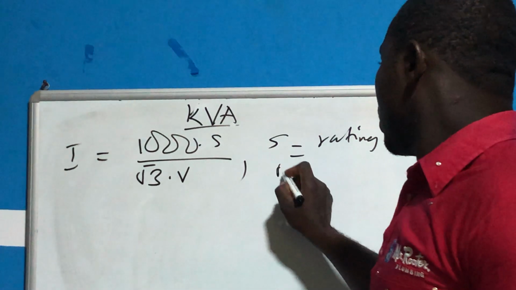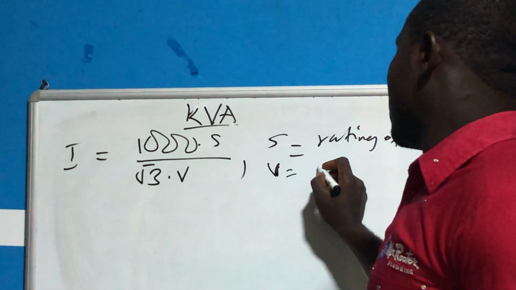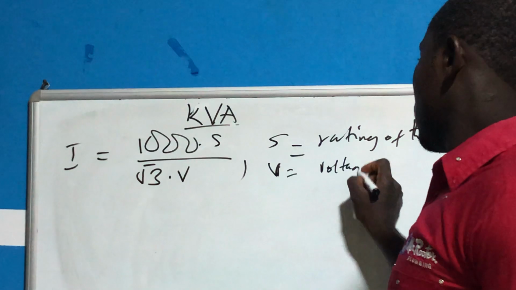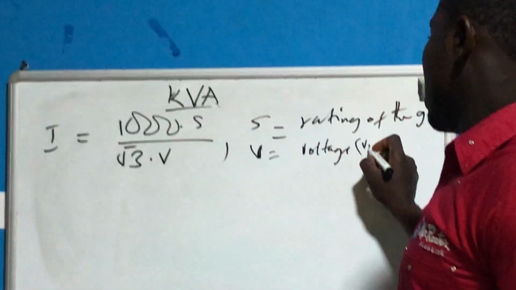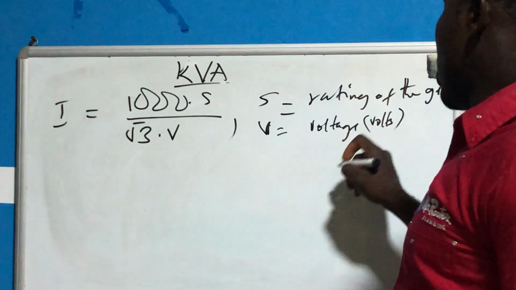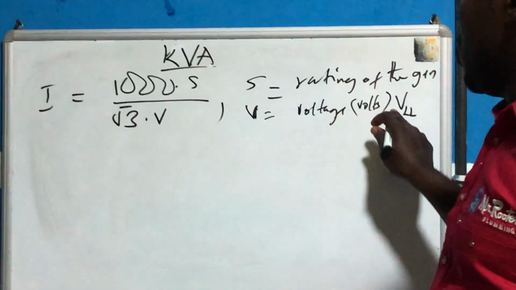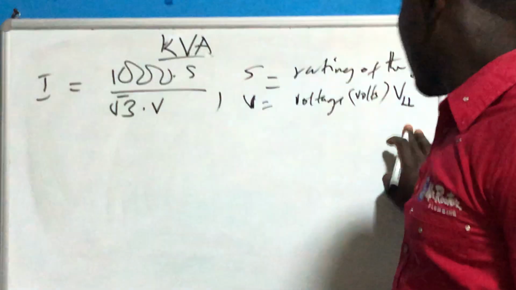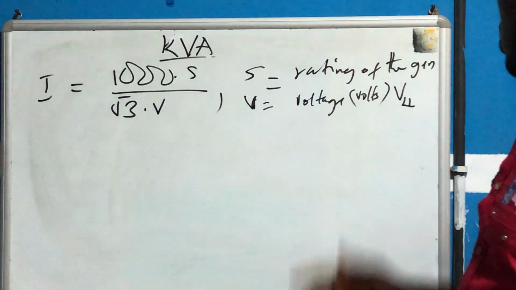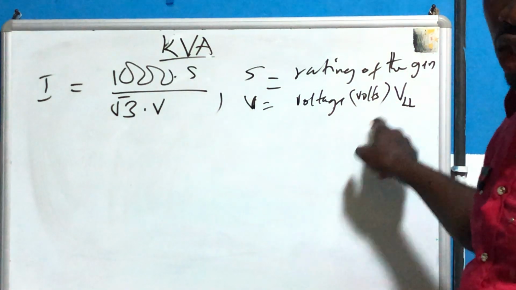The V is the voltage in volts, and here it will be V subscript LL, meaning line to line voltage.